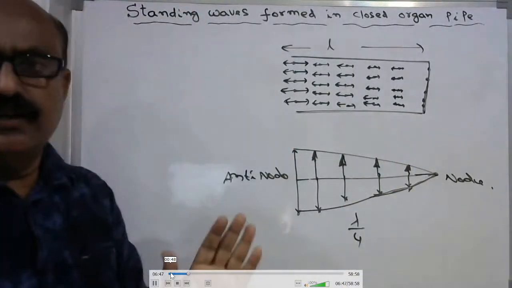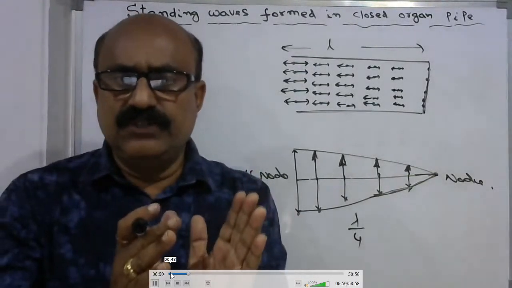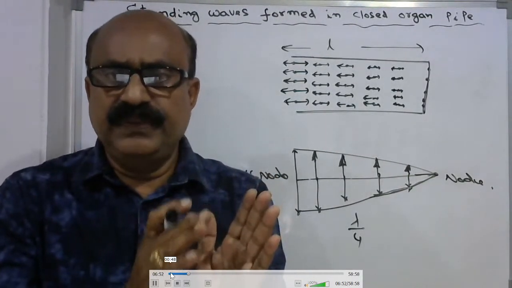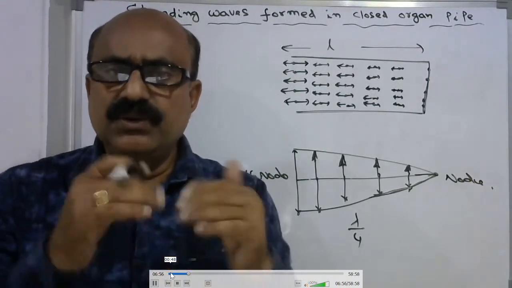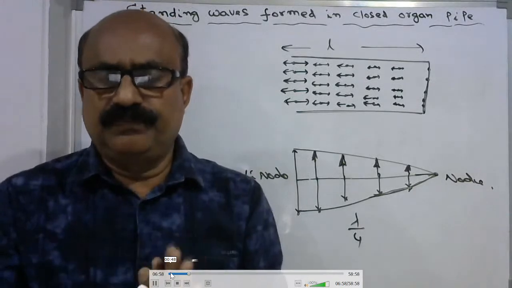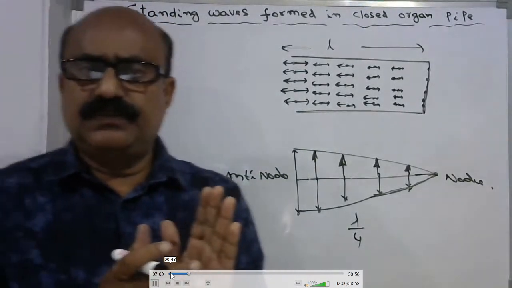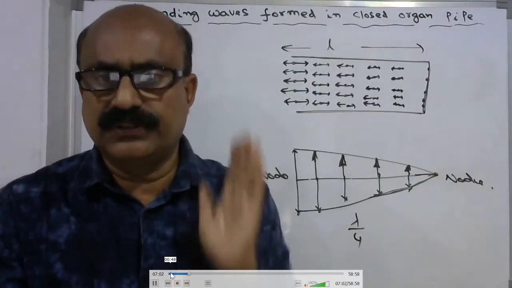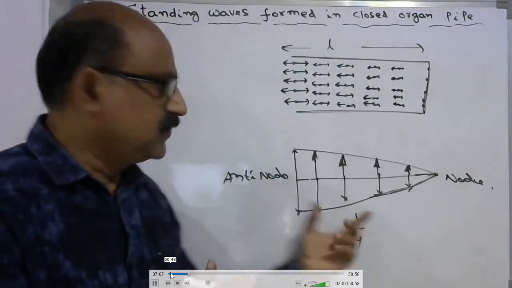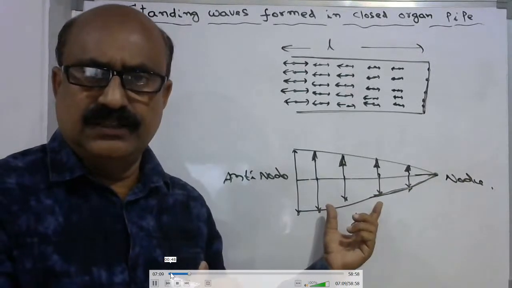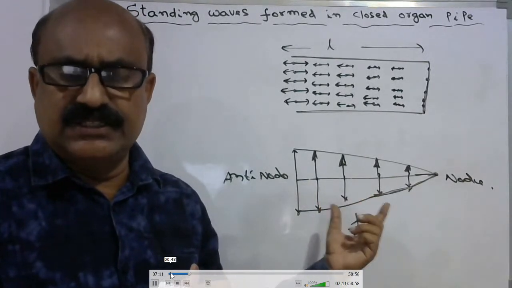So this is the minimum wavelength with which it can form a stationary wave, and which gives a certain note. This note is called the fundamental note, or the frequency corresponding to this first mode of vibration is called the fundamental frequency.